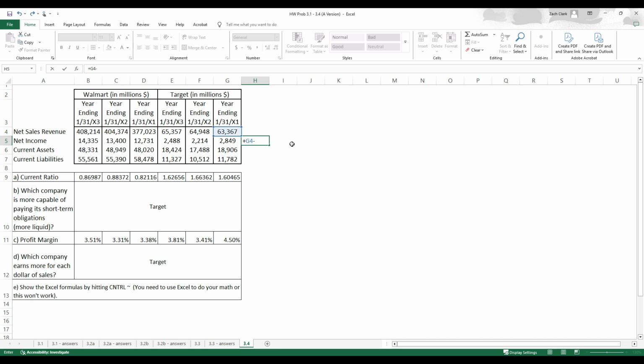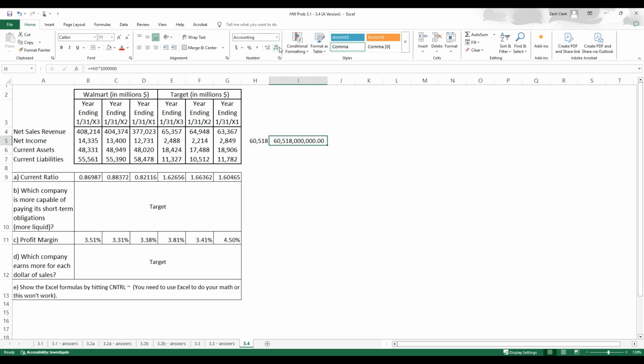So if we took the difference between those, it's 60 billion. Is that billion? Times 1 million. 1, 2, 3, 4, 5, 6. Yeah, 60 billion. So $60 billion in operating expenses, basically, and leaves Target with 2.8 billion in net income.